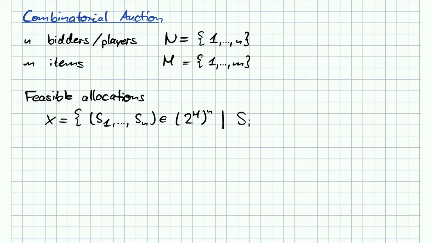And we also want that each item is allocated at most once, which means that if we consider what bidders i and i prime get, those two sets have to be disjoint unless i is equal to i prime.